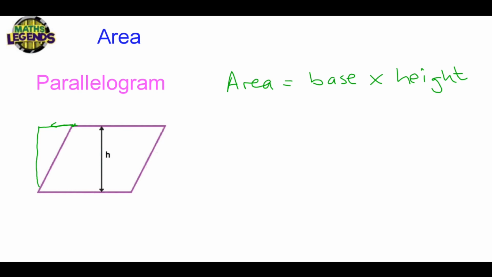And then we move the same amount this way as well from this corner because we're pulling it along, and we end up with a rectangle. Now, let's say the height is 5 and the base is 6. Then the area is given by 5 times 6, which is 30.